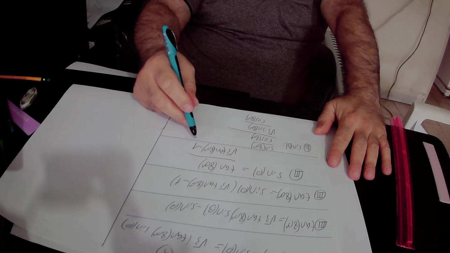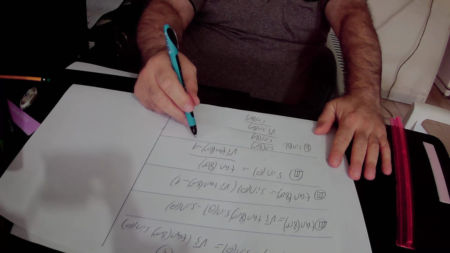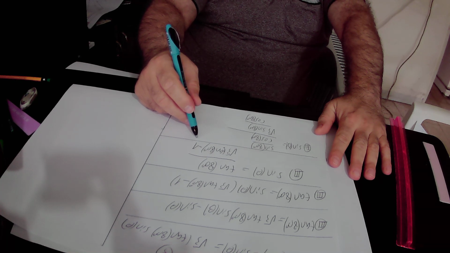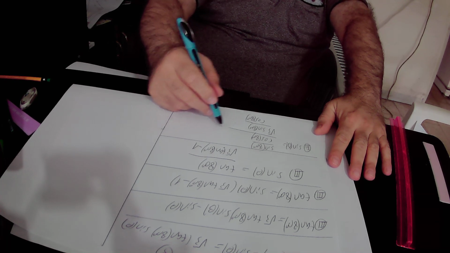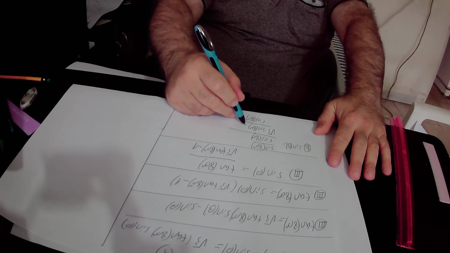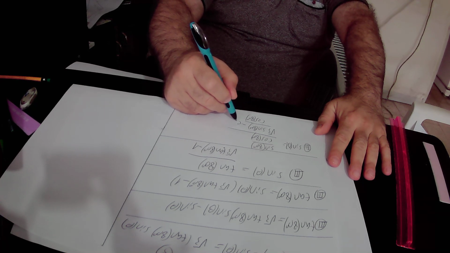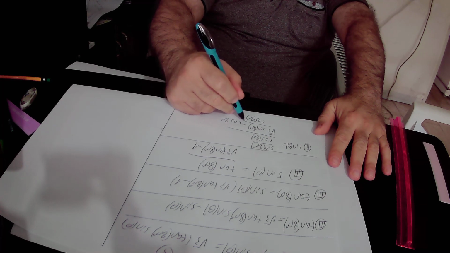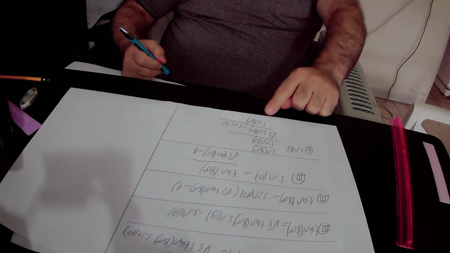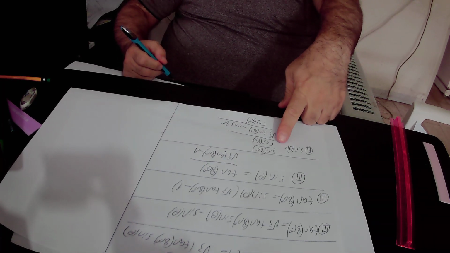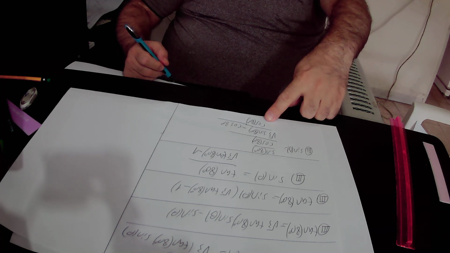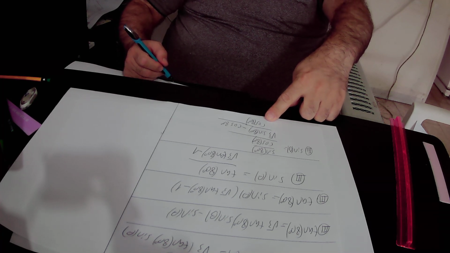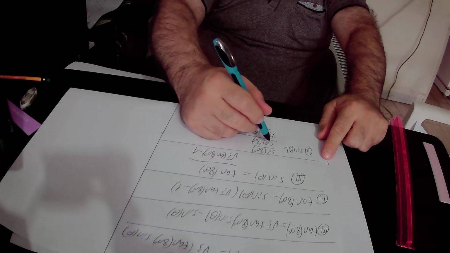Here we will substitute minus 1 by minus cosine 80 degrees over cosine 80 degrees, which equals minus 1. So we have cosine 80 degrees in the numerator and cosine 80 degrees in the denominator, so cosine 80 degrees will get cancelled.